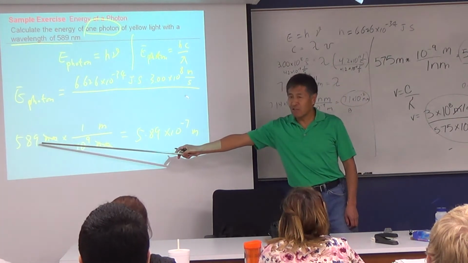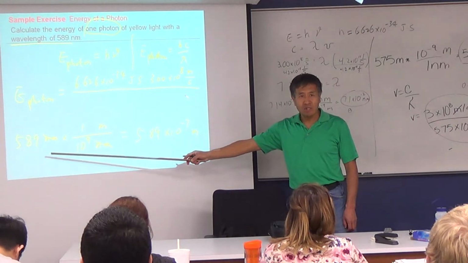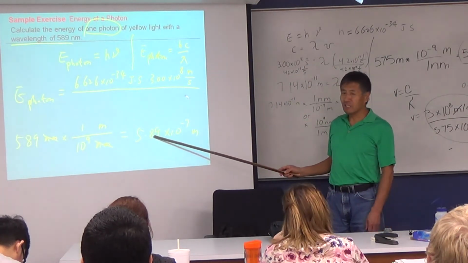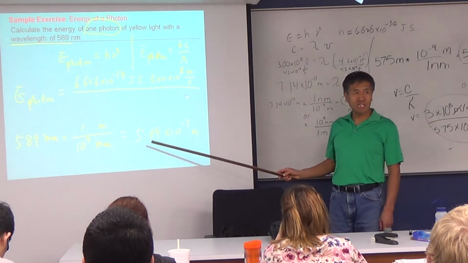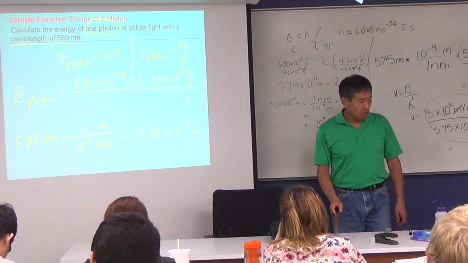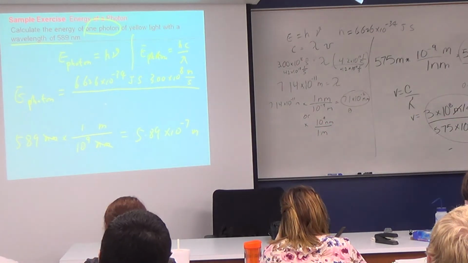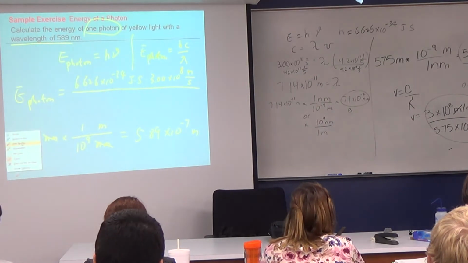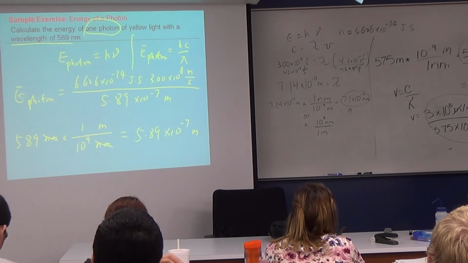And that's 589, which means 5.89 times 10 to the positive 2. So positive 2, negative 9 becomes negative 7. So you will put that number in here: 589 times 10 to the negative 7 meters.